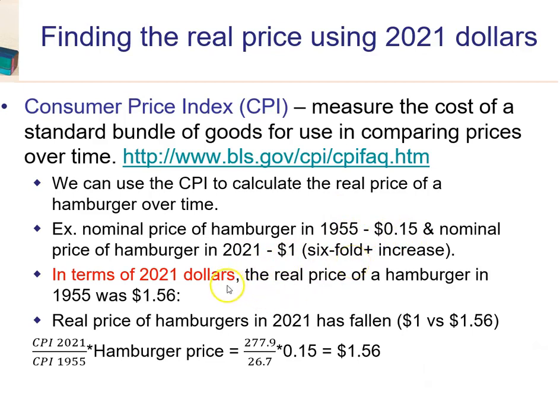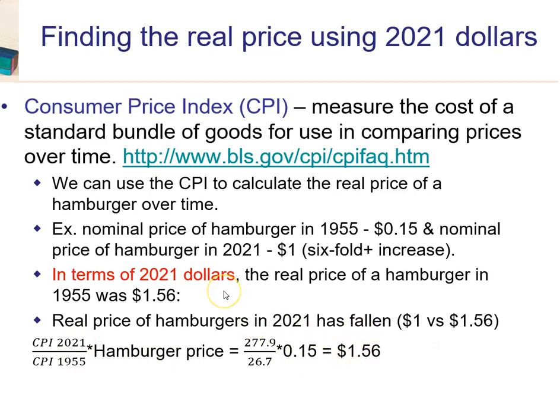So in terms of 2021 dollars, the real price of a hamburger in 1955 is how much? Well, again, do this ratio of CPIs, today's 2021 CPI measure with 1955, multiply that by the hamburger price. So that's 15 cents. So that ends up being $1.56.